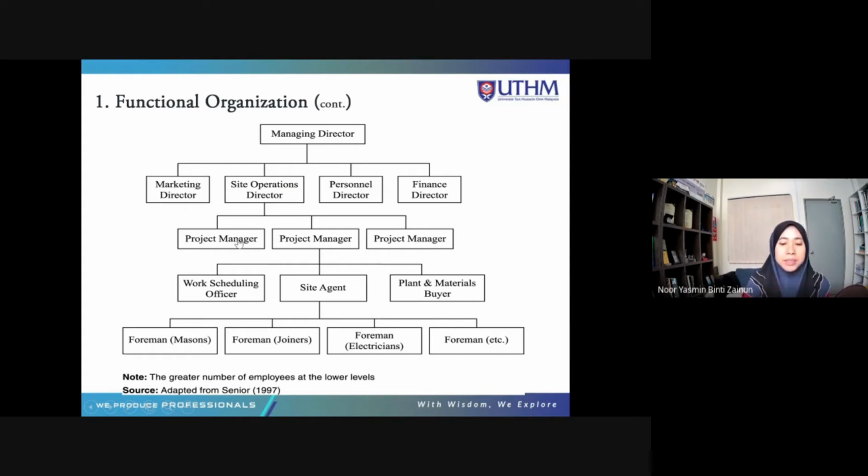Satu function apa? Contohnya, macam saya cakap, human resource. So this only focuses on human resource. And then seorang lagi, bendahari lah contohnya. Dia fokus pasal duit, masuk gaji dan sebagainya. And then the project manager for project, dia jaga project saja.